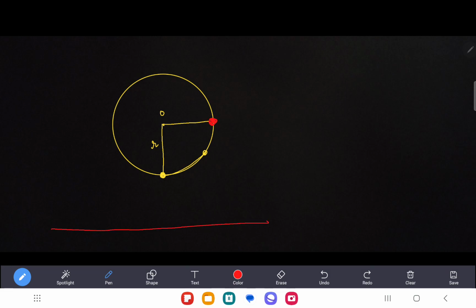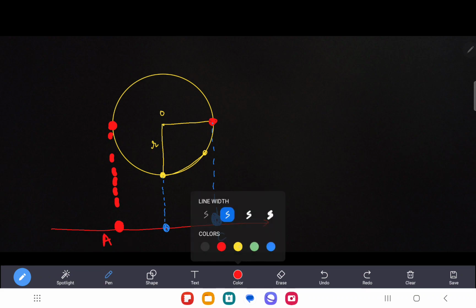So the bob can go up till the red point, thereby the shadow cannot go beyond the blue point, the C point. And the bob can come back at this particular point, so the shadow would come down and be maximum at the A point. So the shadow is actually moving between A and C points.